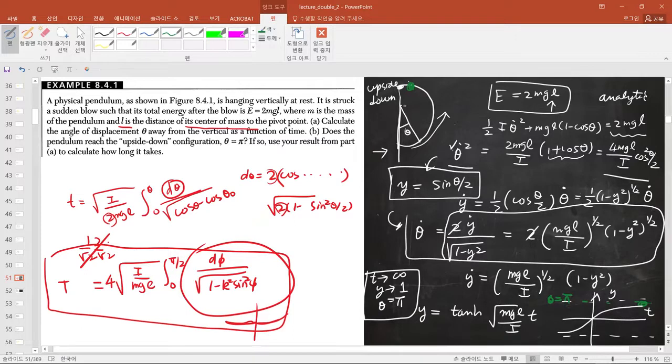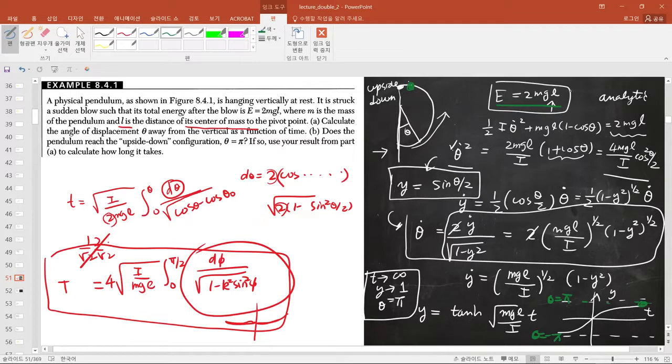Okay, so it starts from theta equal to minus pi, and then turns upside down, and then it takes infinite time. So for this particular energy, this is a good example to show that it takes infinite time from theta equal to minus pi to theta equal to pi.